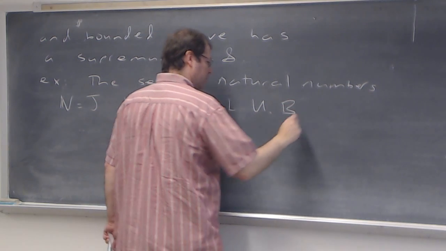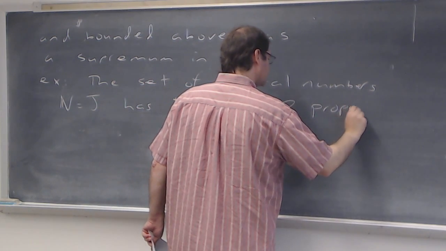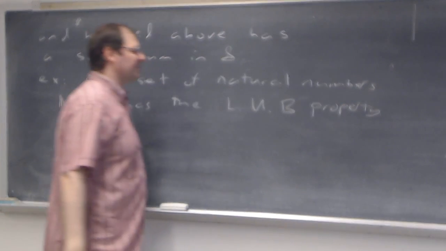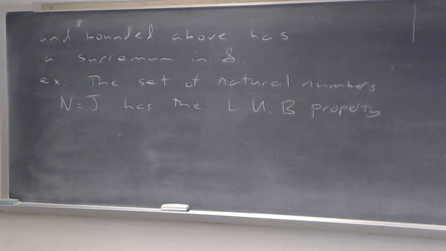I'll abbreviate that LUB property. Any time that you take a non-empty subset of the natural numbers that's bounded above, then the supremum exists in the set of natural numbers. Matter of fact, the subset will contain it.